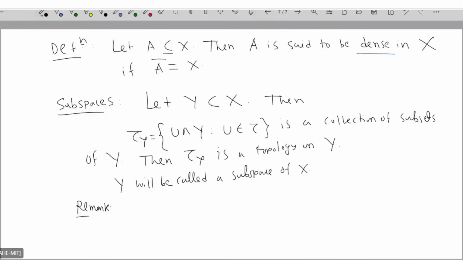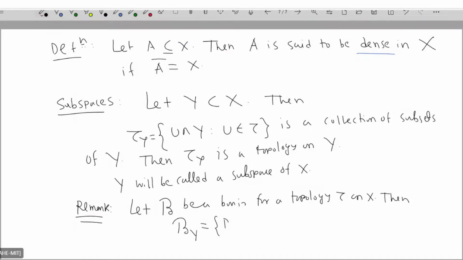Let beta be a basis for a topology tau on X. Then the collection of B intersection Y, such that B is a member of beta, is a basis for tau Y. So this will be the basis for the subspace topology.